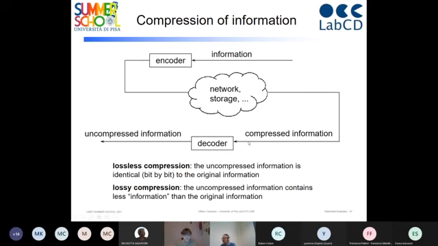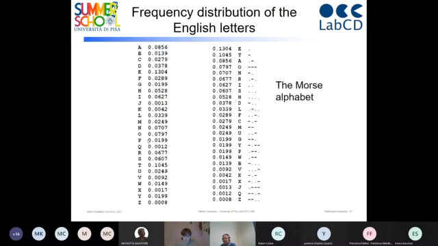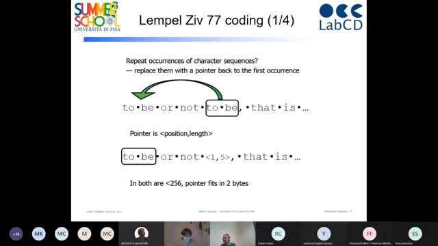You input here 1 symbol at a time of the compressed information, and you get here the symbol of the uncompressed information. And so the idea here is that if the encoder at some point finds a substring that it has already seen in the past, in this example 2b, which is a sequence of 5 characters, T, O, blank, B, E, the encoder recognizes that this string has already happened in the past.